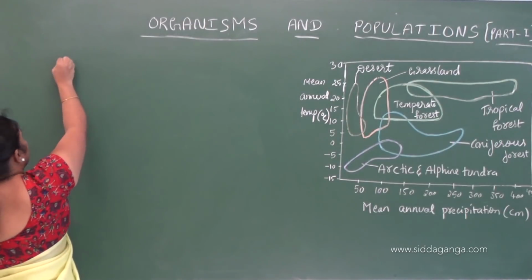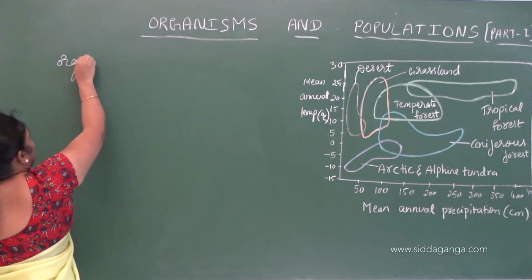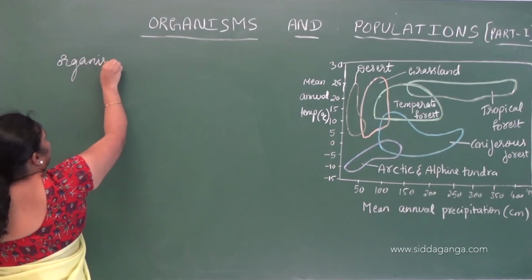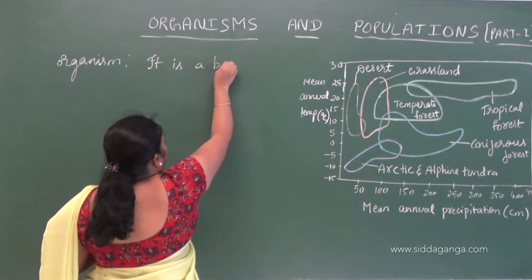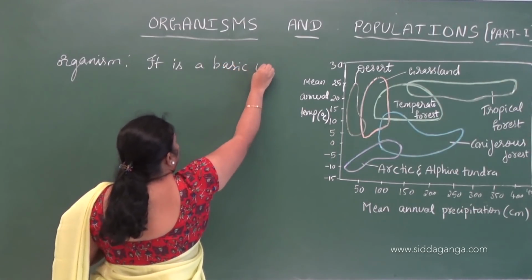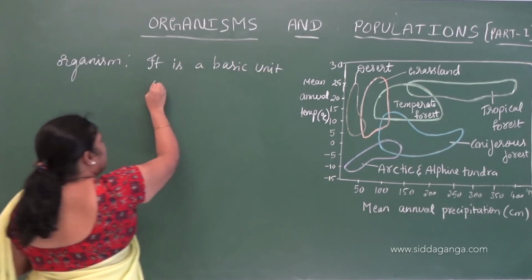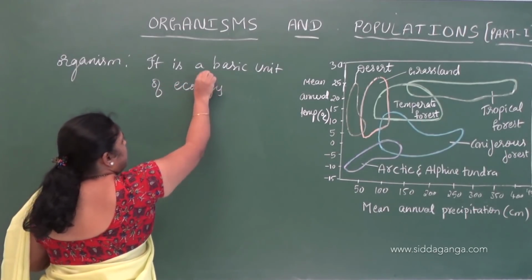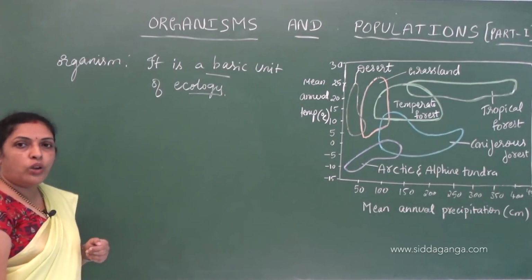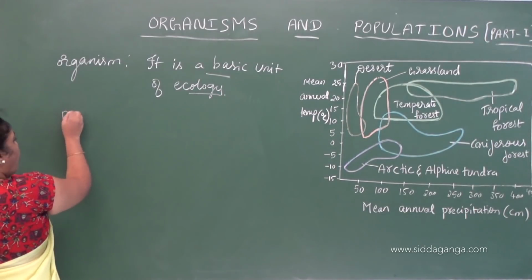What is an organism? It is the basic unit of ecology. Then what is a population?